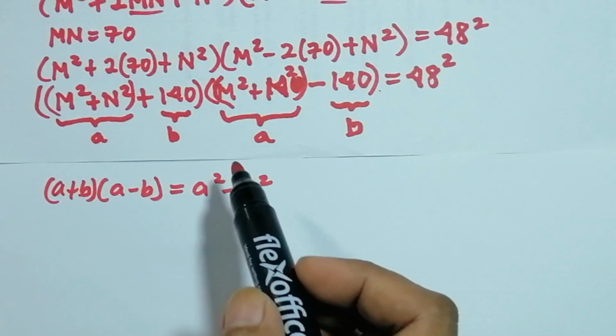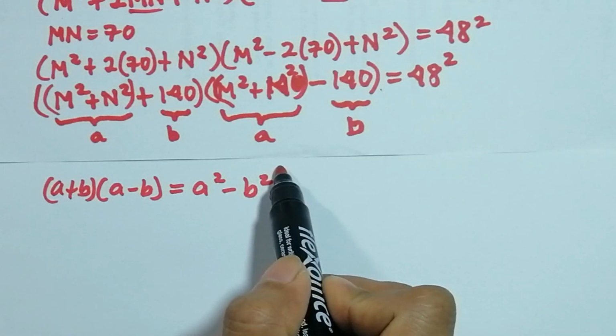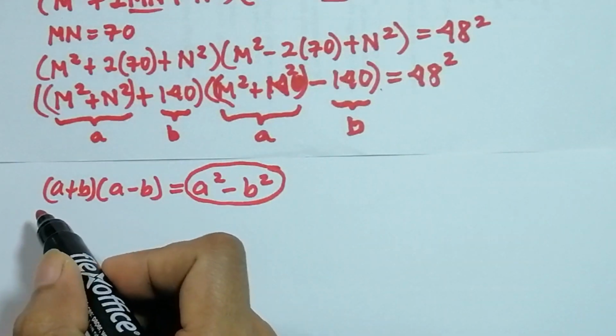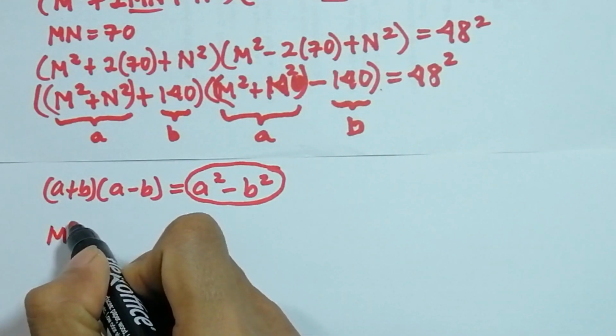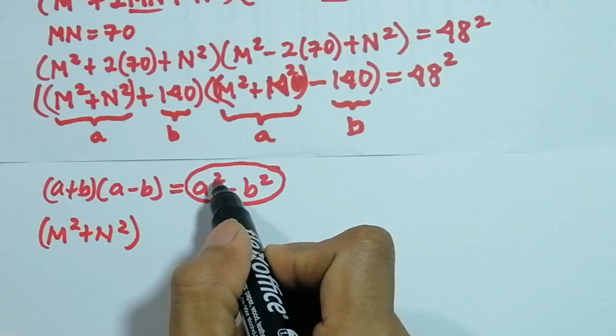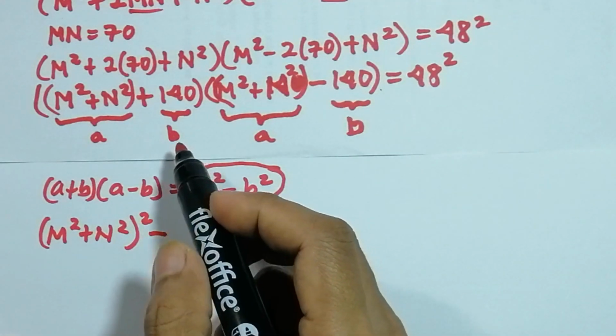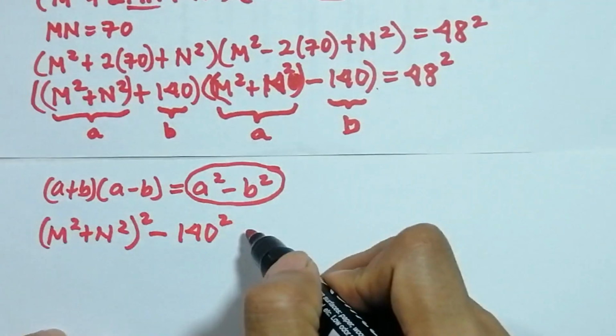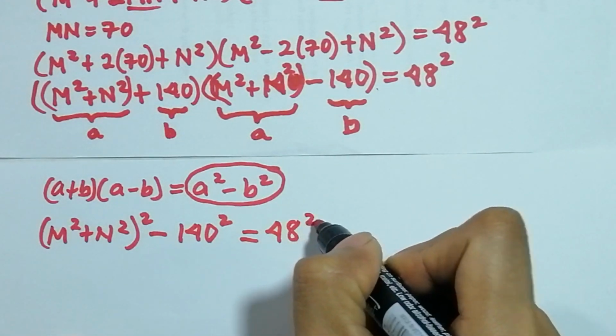So we're going to use this part. Then we have A, this one. So we're going to write (m squared plus n squared) squared minus our B, 140 squared, equals 48 squared.